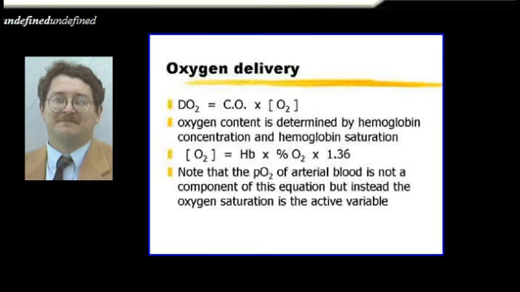There's a small amount of oxygen that's actually dissolved in the blood, but the majority is bound to hemoglobin. You should note that there is a linear relationship between oxygen concentration and oxygen saturation, and a nonlinear relationship between oxygen concentration and PO2.